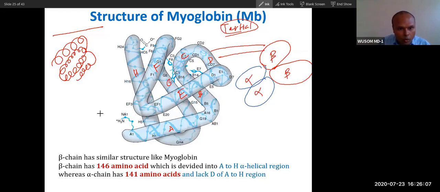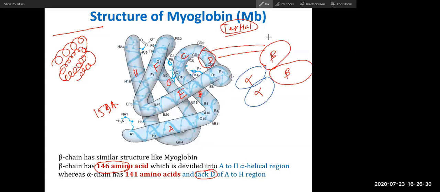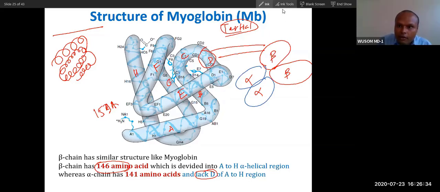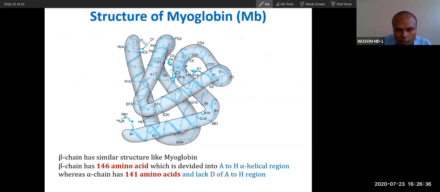Here 153 amino acids, and here you will see 146 amino acids. But alpha is also very similar, but alpha lacks the D ring. So alpha lacks the D ring.